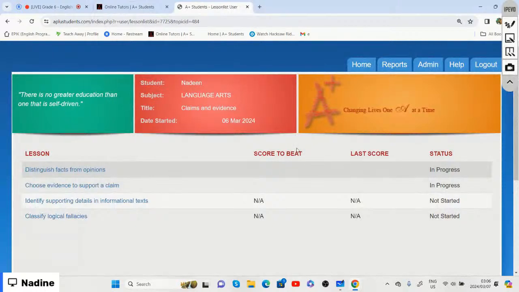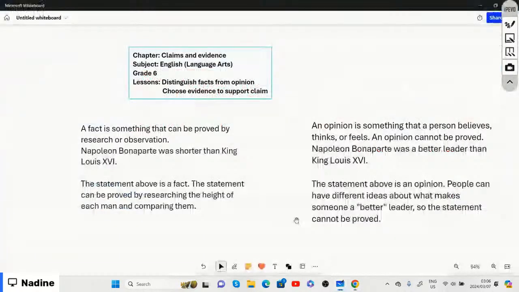So our chapter is claims and evidence. Our subject is English language arts, grade 6.